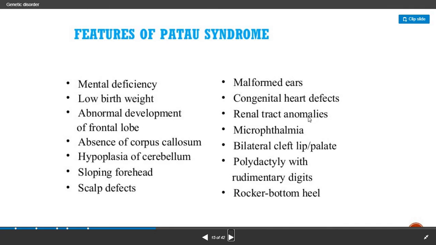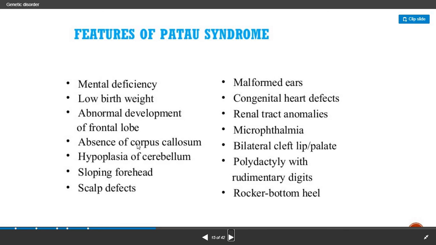Now what are the features of Patau syndrome? If individuals are affected with Patau syndrome, these characteristics are seen: mental deficiency, low birth weight, abnormal development of the frontal lobe, which is very important as the frontal lobe is necessary for the majority of functions, and absence of corpus callosum.